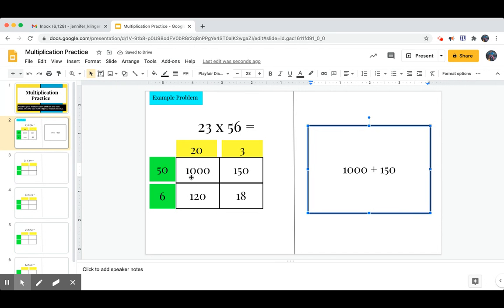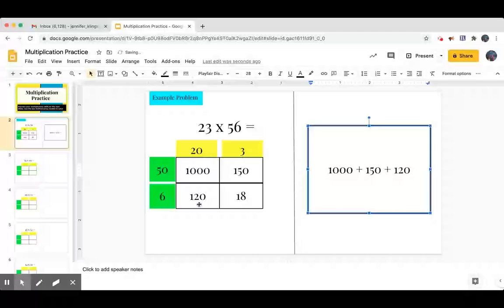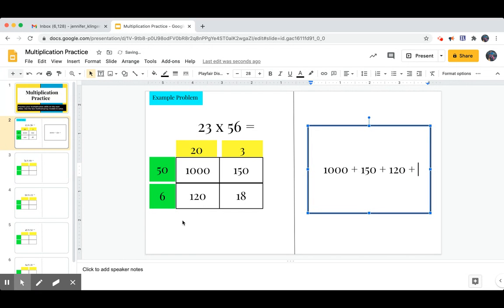So I've got these two, 1,000 plus 150, plus the next one is 120, plus my last one, which is 18. And then I'm going to put a little equal sign. I'm going to hit enter 2 times, and then I'm going to solve.